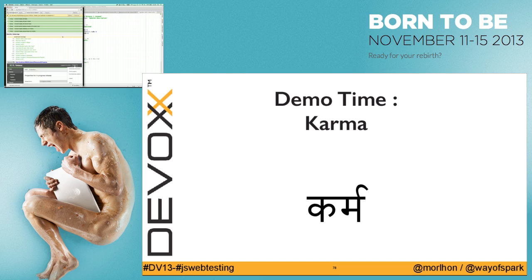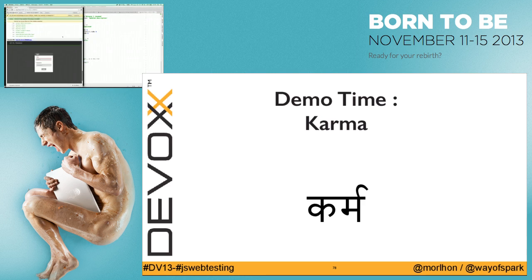So the CI was running on Phantom.js, and all the developers were running the tests in Chrome, well, in different kinds of browsers. If someone tells you that something is broken on one of his browsers, you just have to change the configuration, and all the tests are going to run in the other browser.